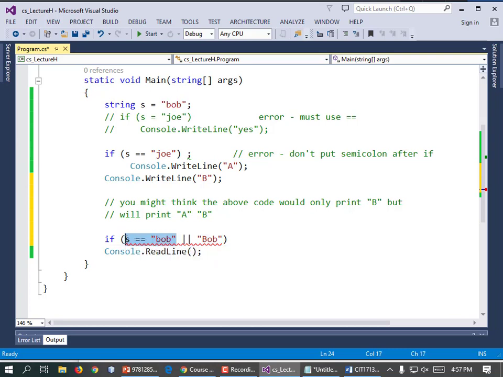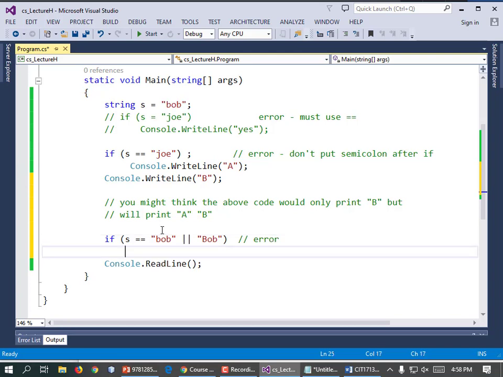That would evaluate to true or false. Great. And then what? True or Bob. That's not an expression that can be evaluated. It's ridiculous. So you can't do that. If you did that, if S equals Bob or quote Bob, capital B, that's an error. So I'm going to comment that out.